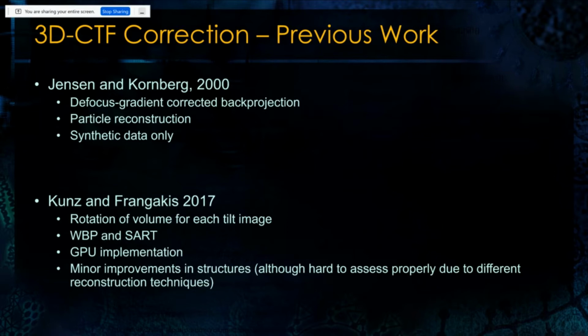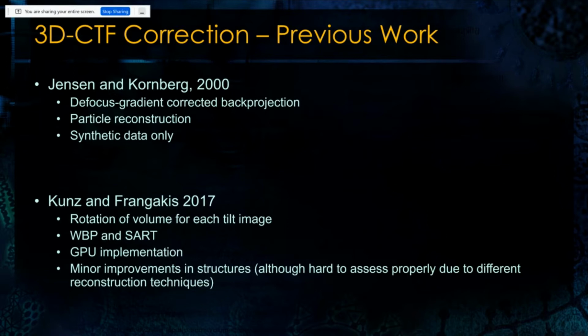They showed some improvement of the structures, but the data set they chose was not so high resolution. Also, they compared not only 2D versus 3D CTF, but also weighted back projection and SART reconstruction. So it was very hard to dismantle the effects of this.